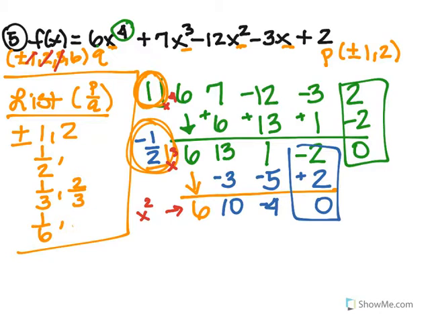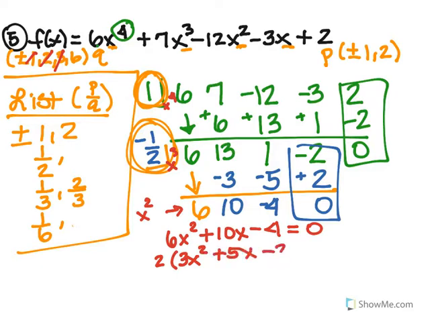So this will give us the polynomial of 6x squared plus 10x minus 4 equals 0. And here, I'm going to take out a GCF of 2. That will leave us with 3x squared plus 5x minus 2 equals 0.